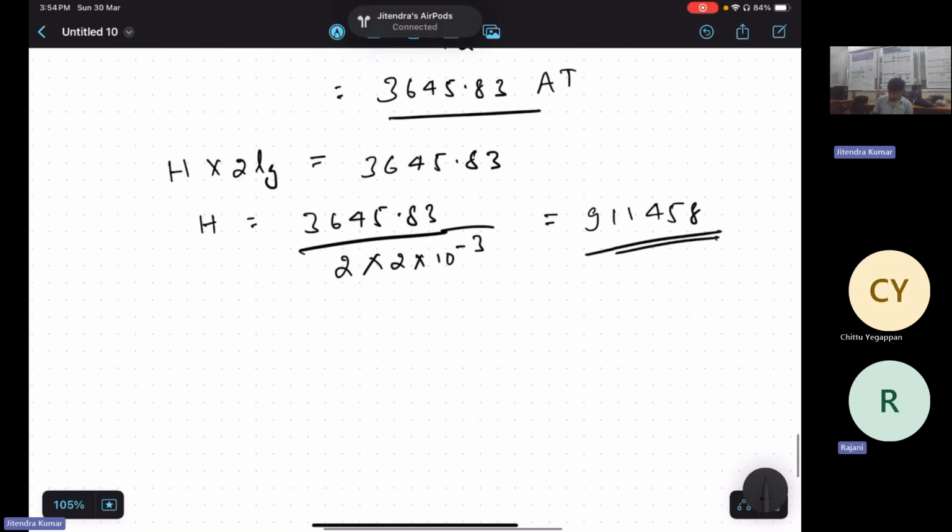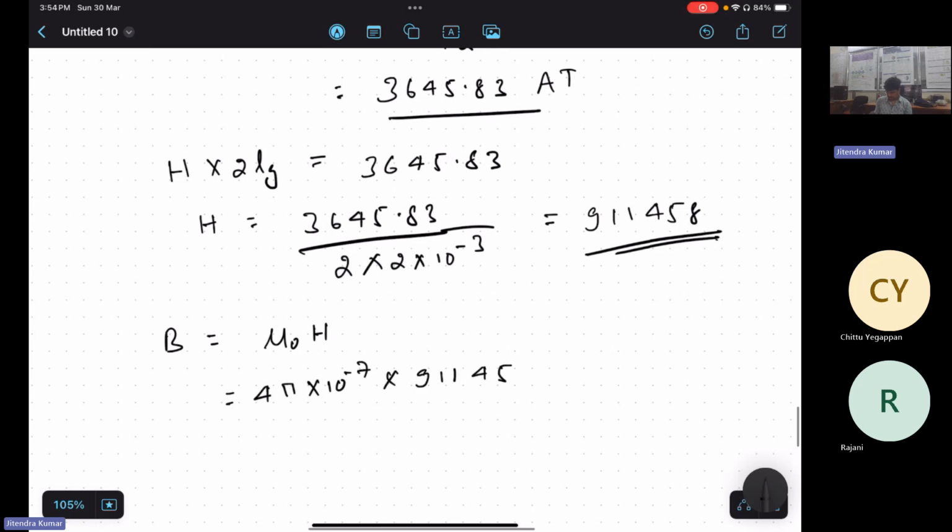Now we can have B is equal to mu naught into H. 1.145, sir.